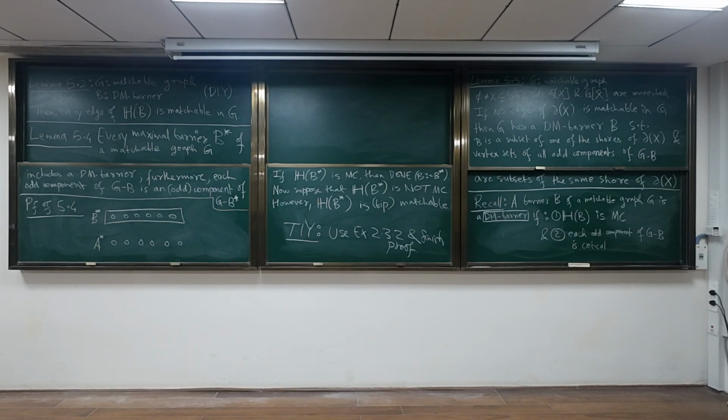But now my question is, what do you do about the second condition? G minus B is this. This is B.